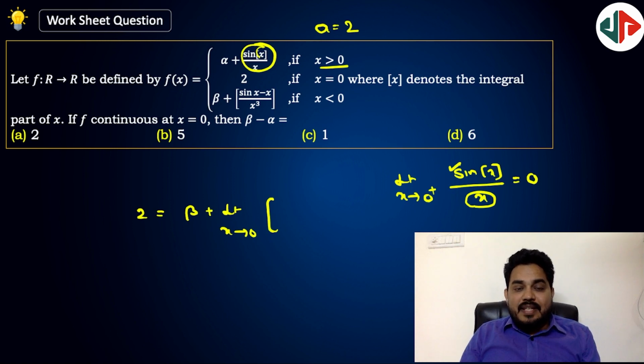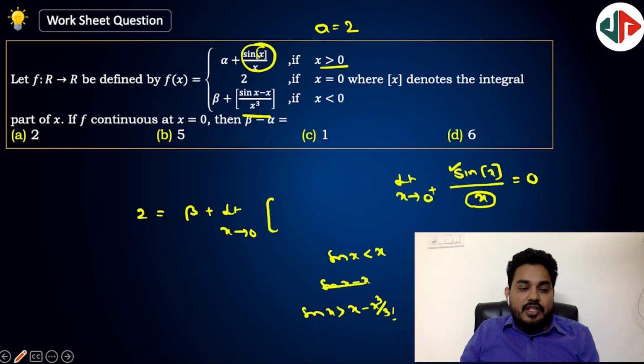Your step is there, sin x minus x by x cube. So here one thing is sin x is less than x. You can write sin x is greater than x minus x cube by 3 factorial, etc. But let us look at here.